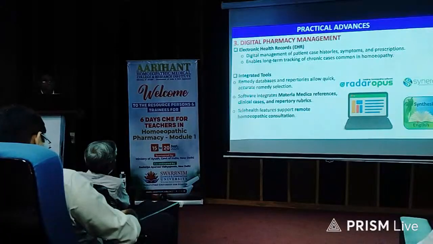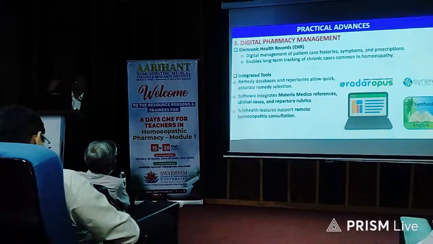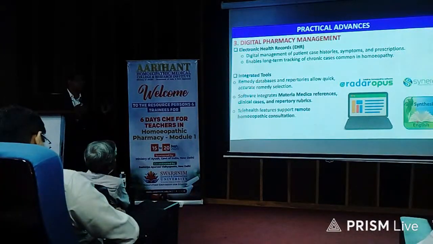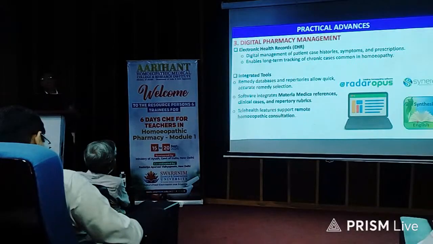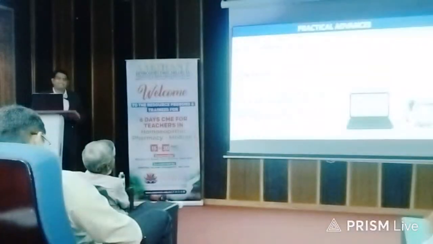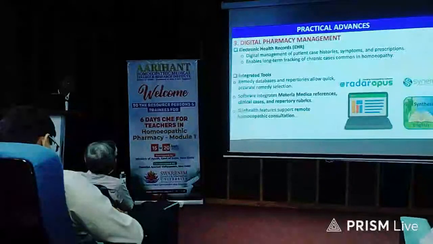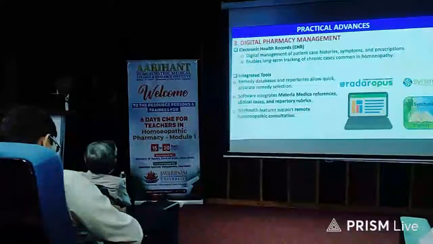Now third part is digital pharmacy management. In digital pharmacy, we have all the computerized AI systems nowadays, which help us to maintain all this digital pharmacy. So electronic health records, electronic symptoms and prescriptions, right? So all prescriptions are digitally recorded.